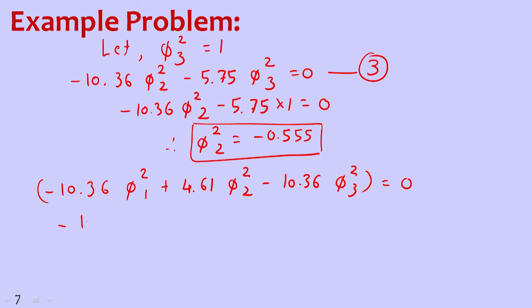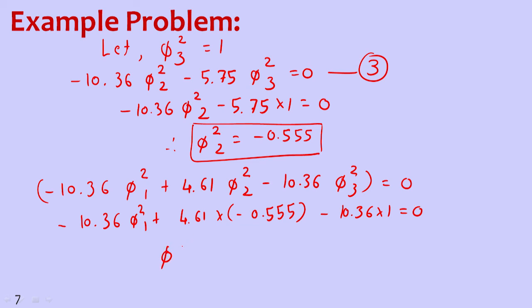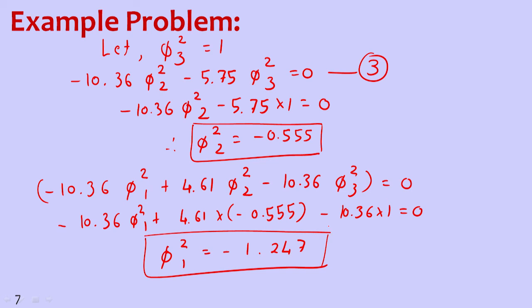So now I will substitute each and every value one by one. 4.61 multiplied by minus 0.555 minus 10.36 into 1 is equal to 0. So I got 521 as 1.247. So again a negative value, but greater than 1.